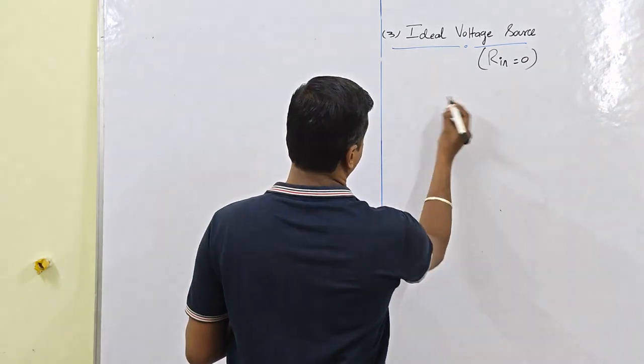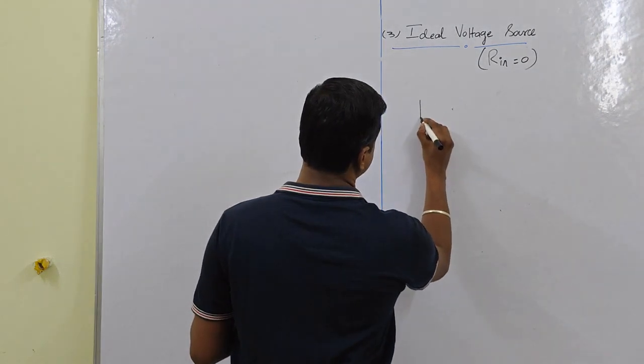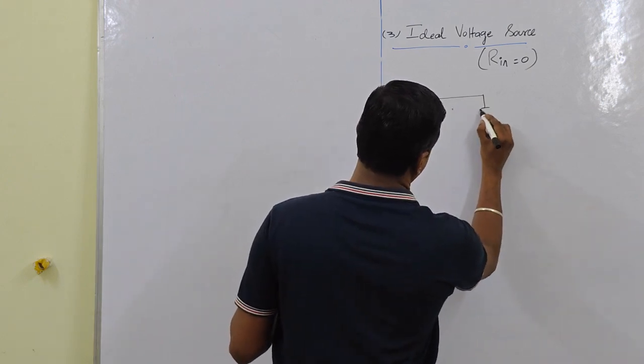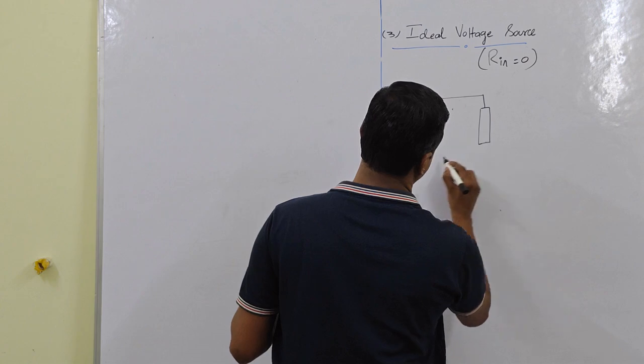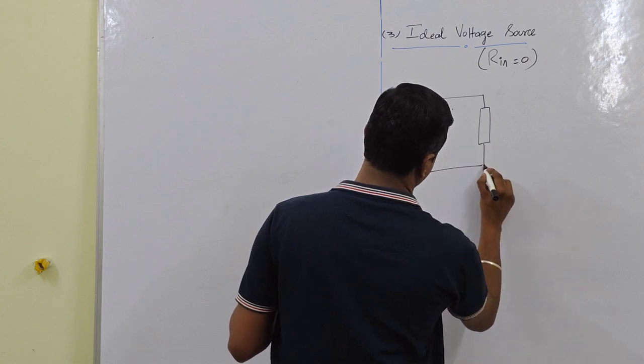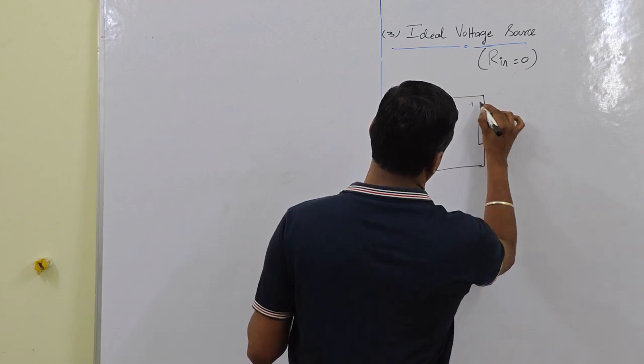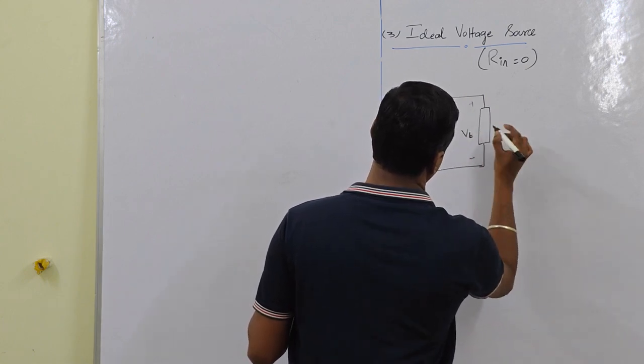So first, the ideal voltage source: we have a source and a load, a loaded source, with internal resistance 0. Plus minus is the source, and plus minus, this VT, is the load terminal.